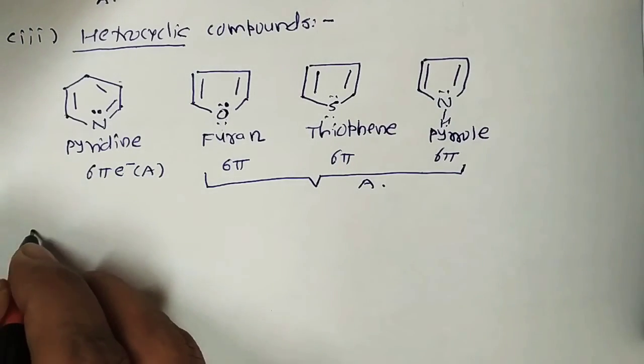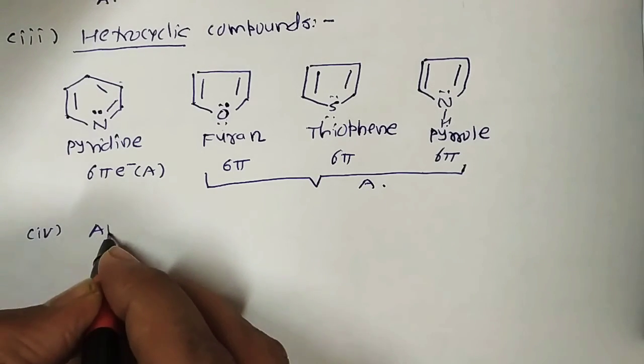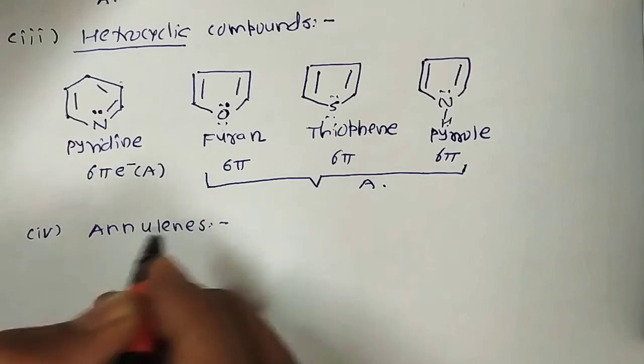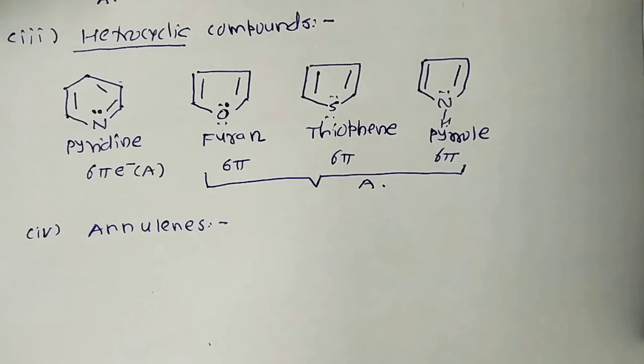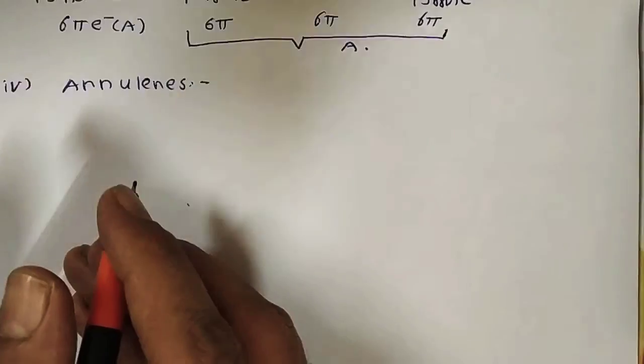One more category is like that, which is not discussed in our book: completely conjugated monocyclic polyenes. For example, if I give an example, it is like that.